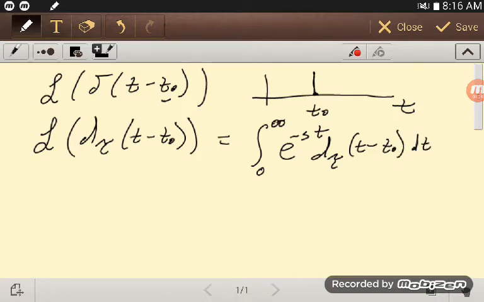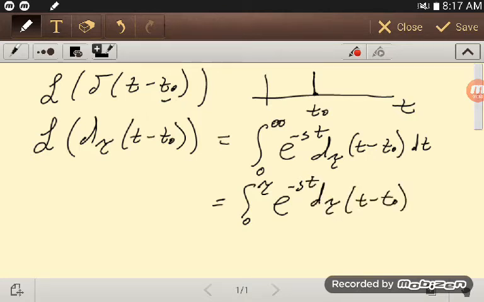Now though, and I'm going to use the way I define it, the 1 over tau for a length of tau, and so this can just reduce to 0 to tau of e to the minus st d tau of t minus t0.